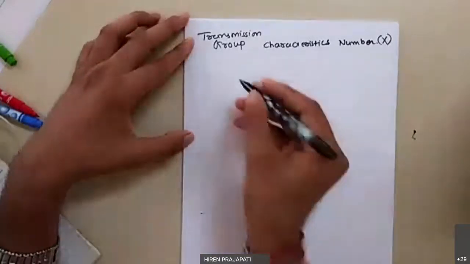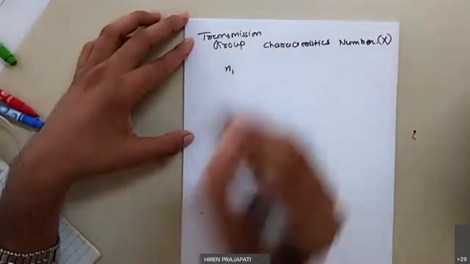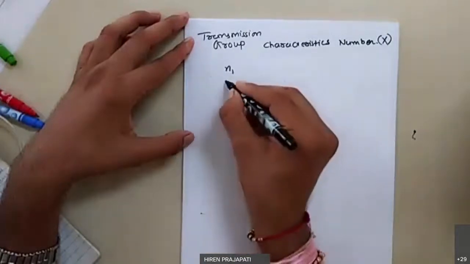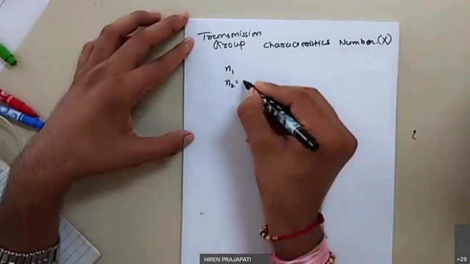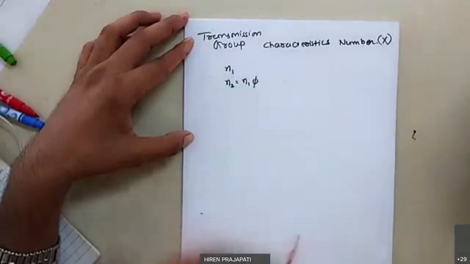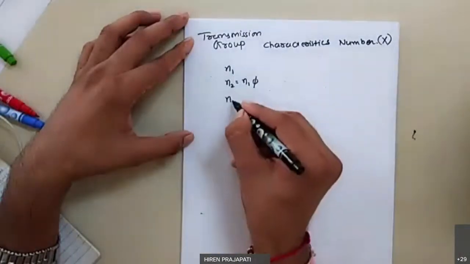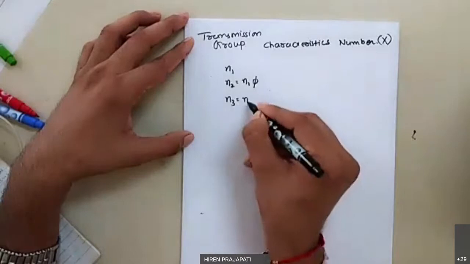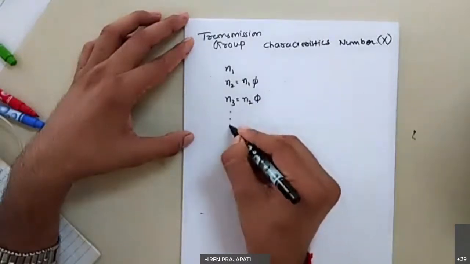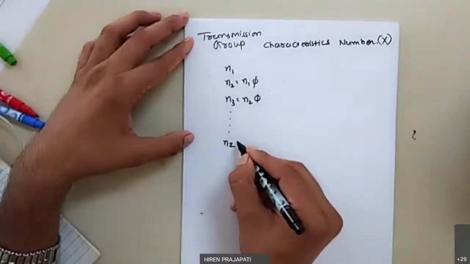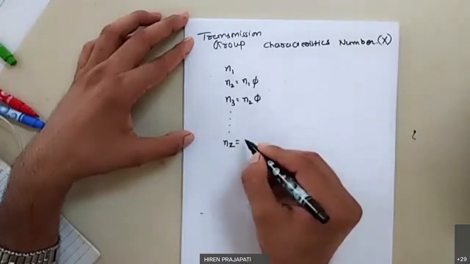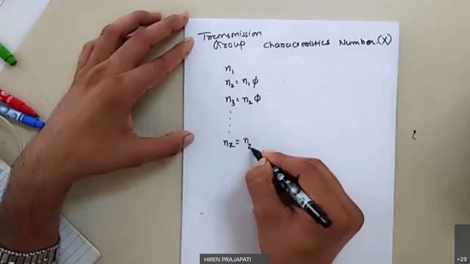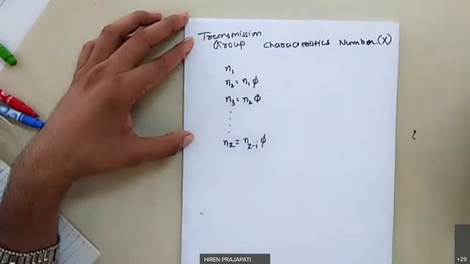Now, as we have discussed, gearboxes are designed based on geometric progression. So suppose you call n1 the minimum speed, then the next speed will be n2, which is in geometric progression, meaning n1 times phi. Similarly, if you go for n3, then n3 will be n2 times phi. And likewise, if you go up to nz, then nz will be nz minus 1 times phi, right?